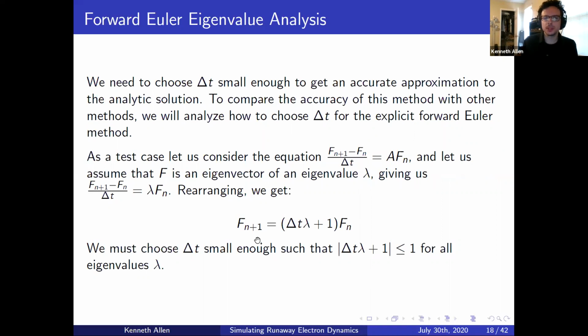The stability of the forward Euler method depends on the eigenvalues of our matrix A, which is our spatial discretization.